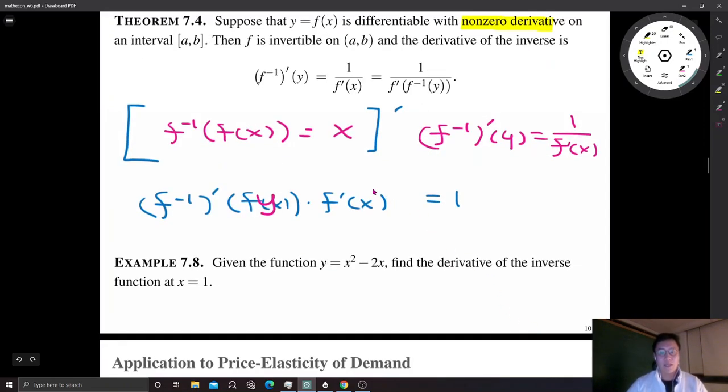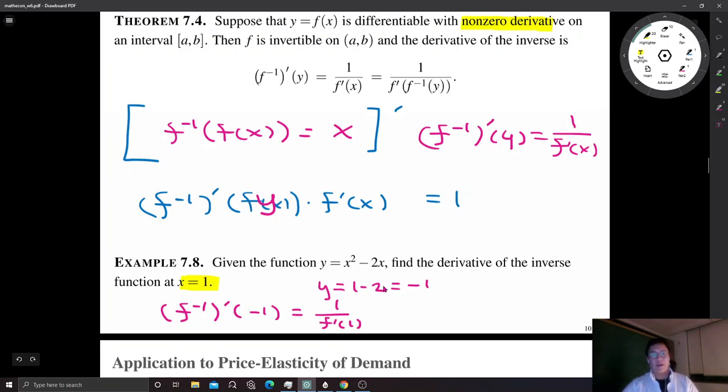Okay? So the derivative of the inverse at 1, because at 1 this function takes the value of 1 minus 2, that is negative 1. Okay? Now we are looking for the inverse derivative at negative 1, which is 1 over f prime of x. So f prime of 1. Input is 1. Okay? X is the value, and the corresponding output is negative 1.